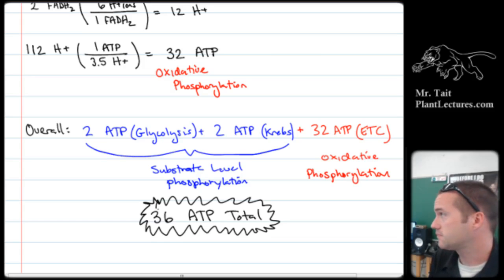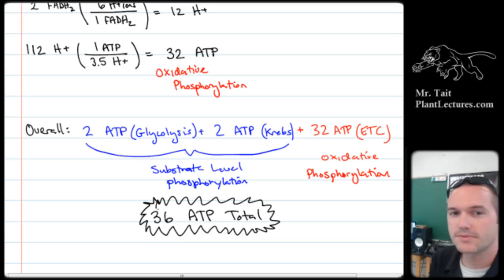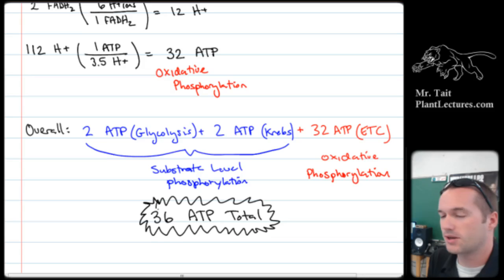Right? Okay. So, in your book, it says 36 to 38 ATP, right? Now, what's the difference? The difference is, this is the way that I teach this because everything works out nice and clean and it's pretty to look at. All the numbers are round, right? It's not really what happens.